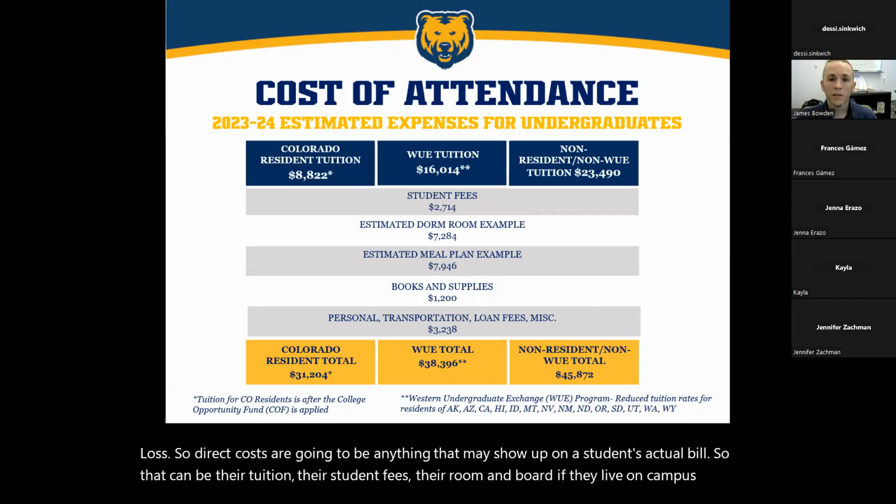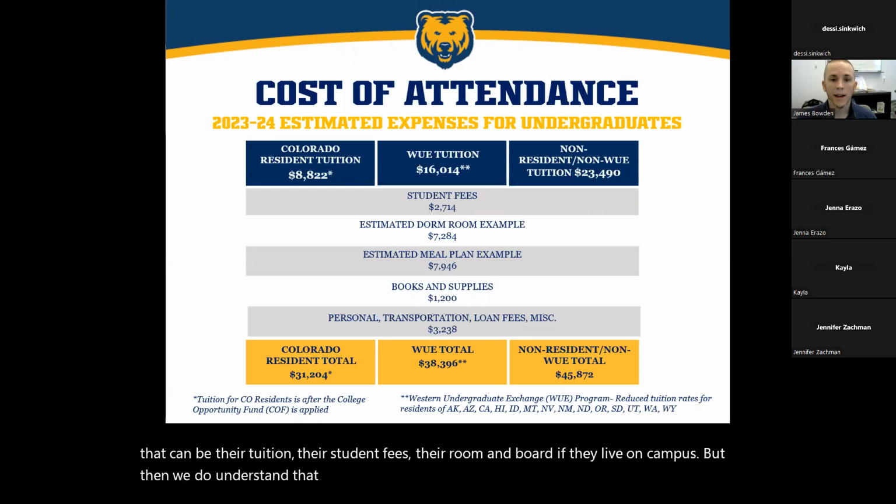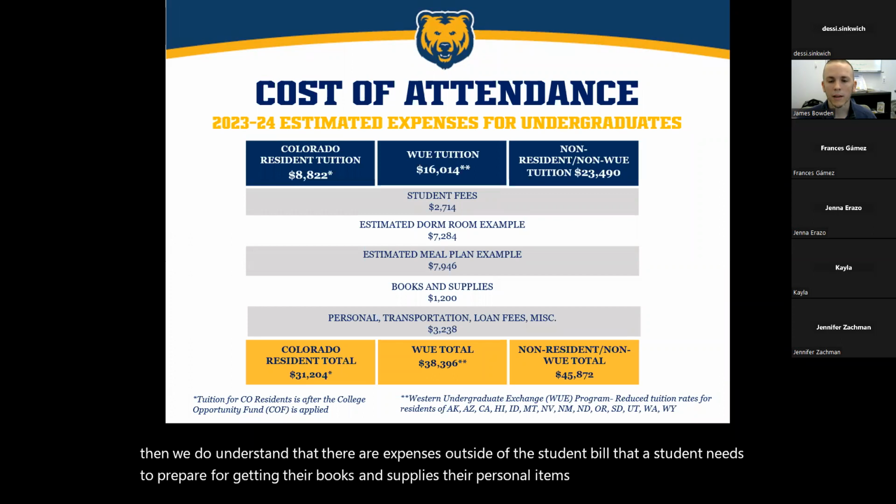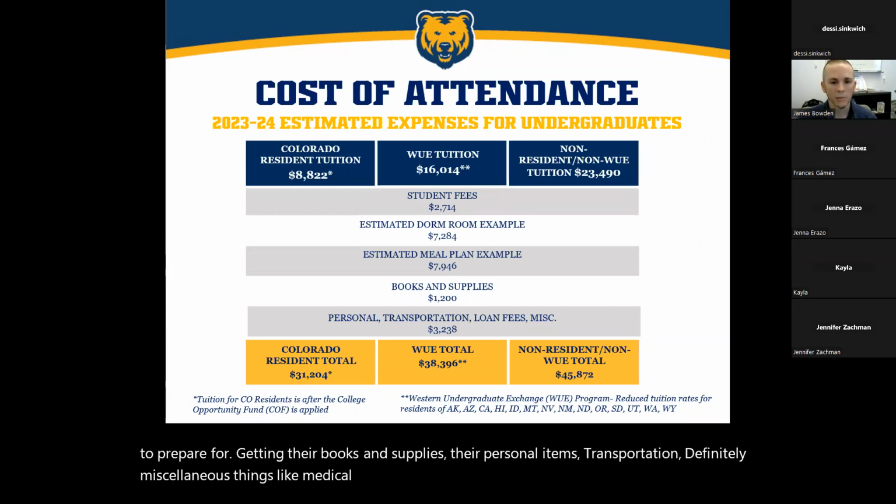But we do understand that there are expenses outside of the student bill that a student needs to prepare for, like getting their books and supplies, their personal items, transportation, and miscellaneous things like medical bills or even personal hygiene products.